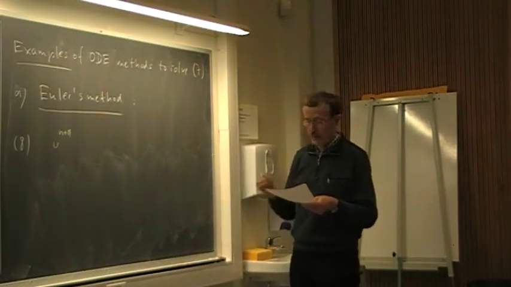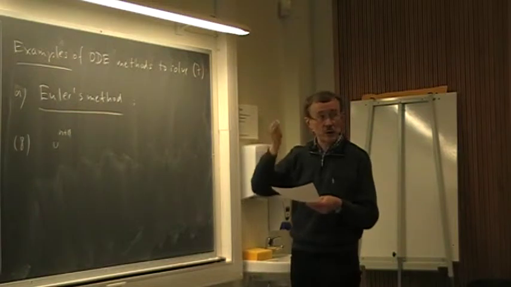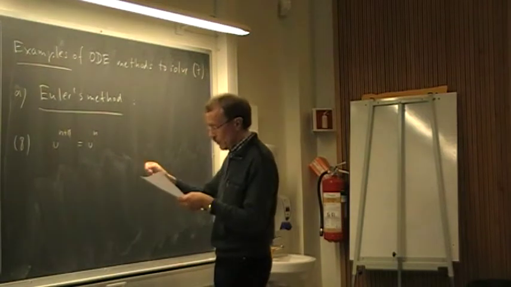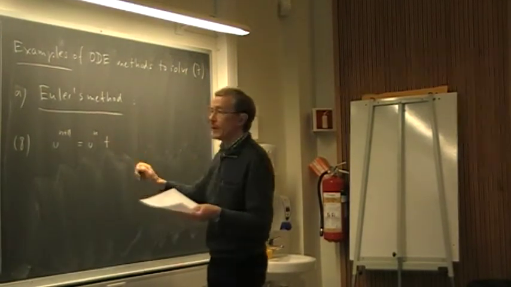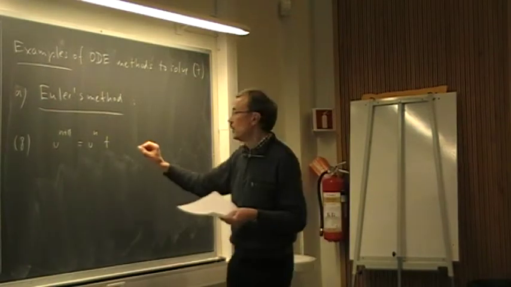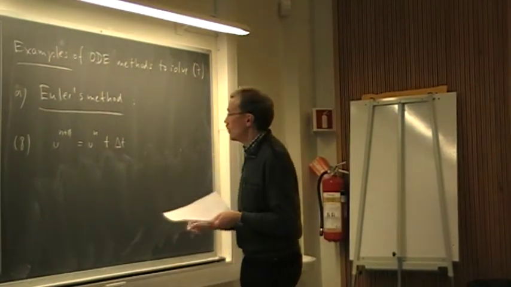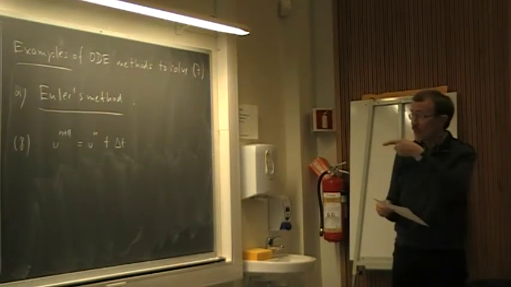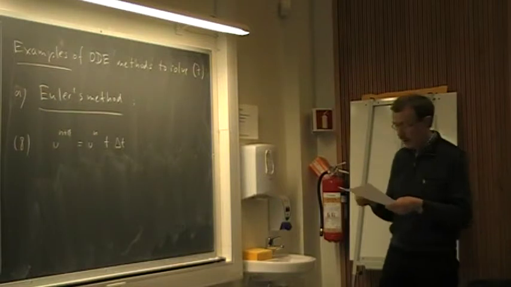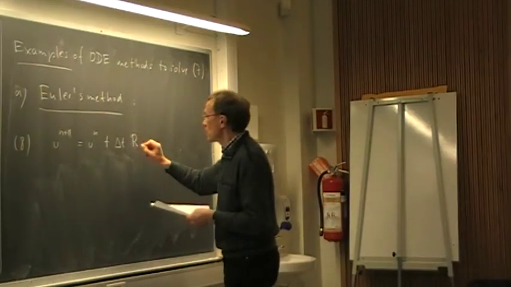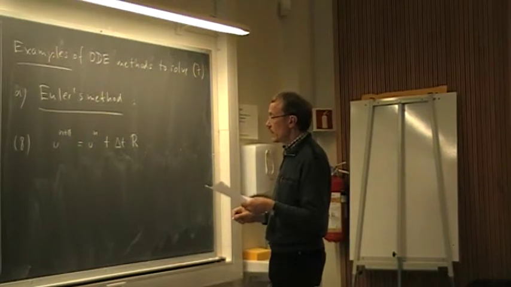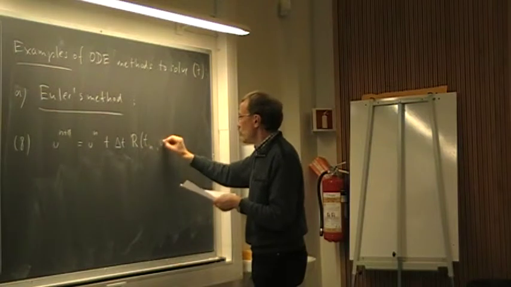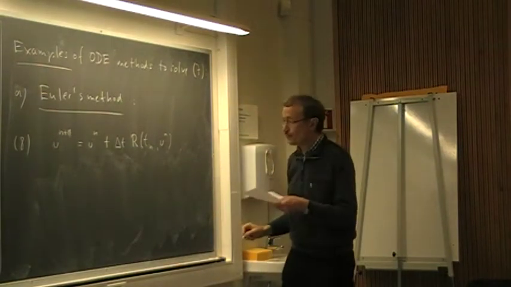It is the value of our vector u at the new time level, n plus 1, equal to the value at the old time level, u^n, plus delta t, since we have now distinguished the grid spacing in space, delta x, and the time step, delta t, times the right-hand side vector R, taken at the old time level, so the solution at the old time level.